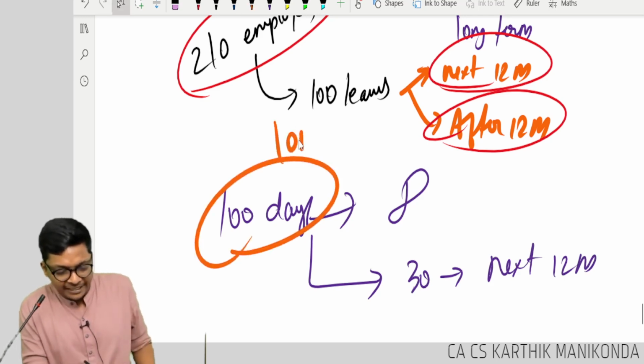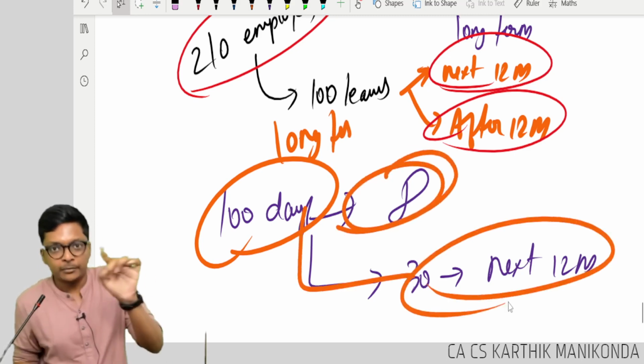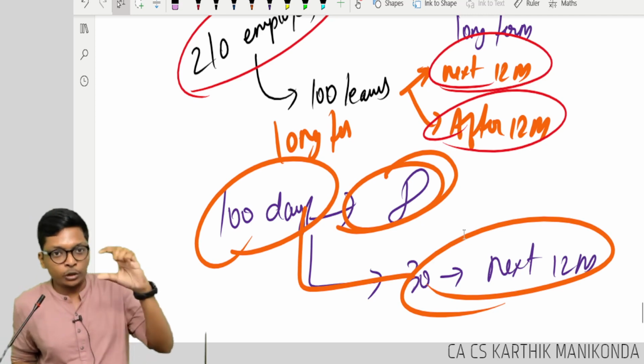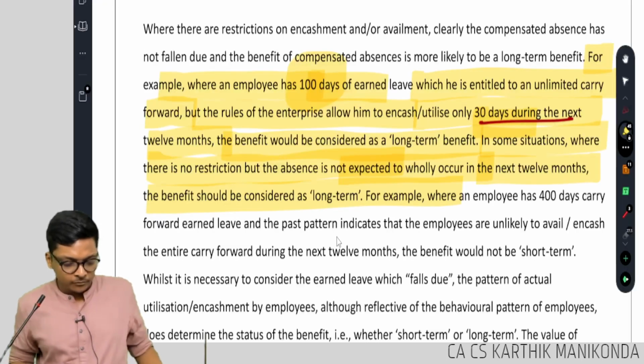The 100 will be long term because you have the full entitlement, but this 30 will become short term. I'm again insisting, I don't want you to get confused when you read that point. Now let's proceed. That's it.